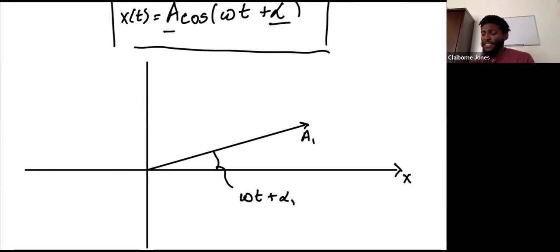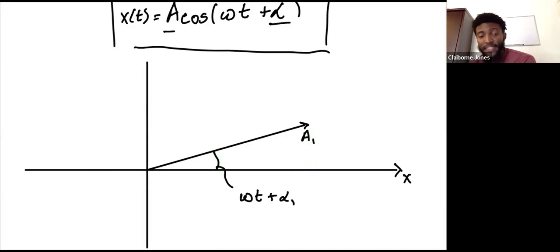Hopefully this makes sense because if I wanted the x component of A1, what would I do? I'd take the cosine of the angle that it's making with the x-axis.